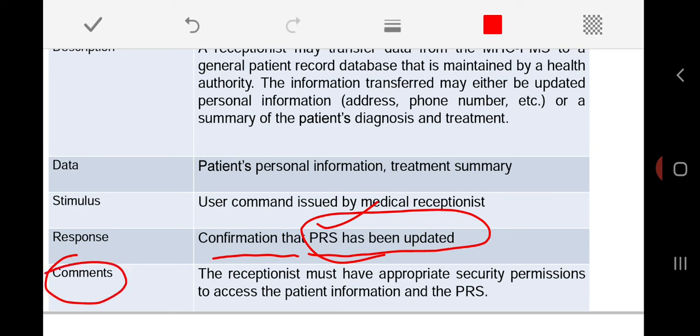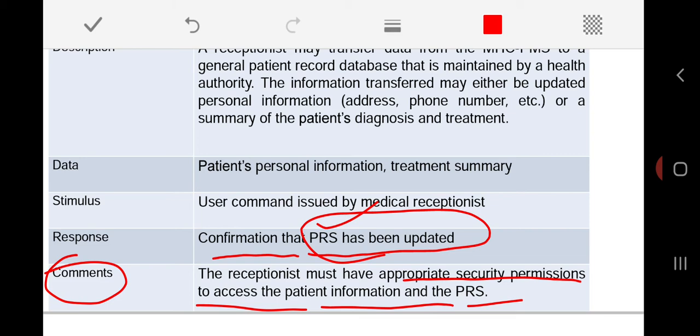The comment is that the receptionist must have appropriate security permission to access the patient information and the PRS. Why? Because, as all of us know, this particular software is related to medical health, so the privacy of every patient should be maintained. That is why only an authorized person is allowed to perform this data transfer.